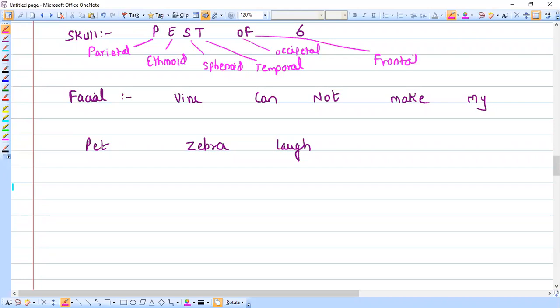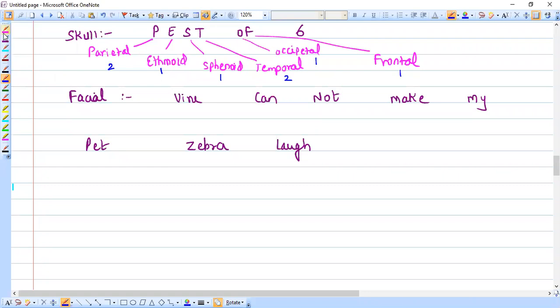So if you remember this PEST of 6, you will never forget the names of the bones. It is parietal, ethmoid, sphenoid, temporal, occipital, frontal. How many parietal? 2, ethmoid 1, sphenoid 1, temporal 2, occipital 1, frontal 1.